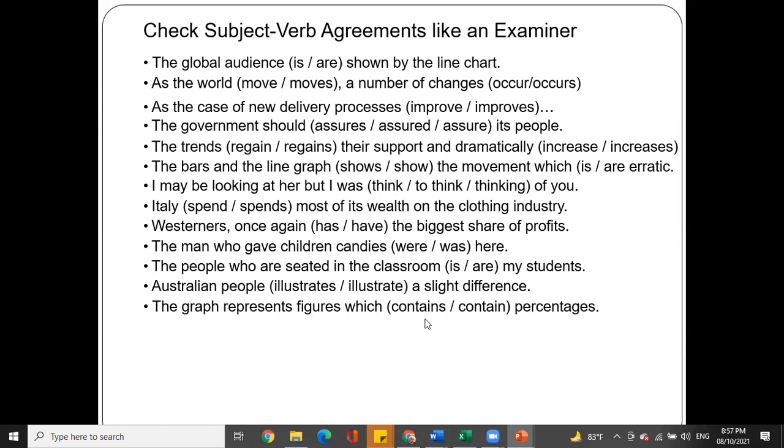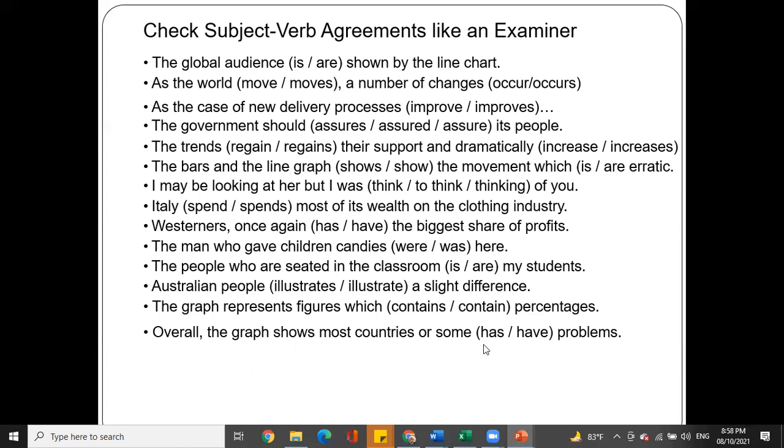Overall, the graph shows that most countries or some have problems. There's a subject there, guys, it's invisible. What subject is that? Most countries or some. Have problems. Some have problems.